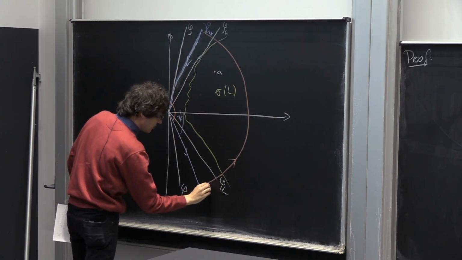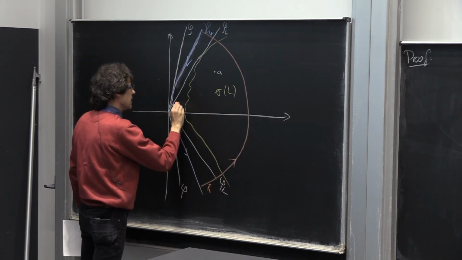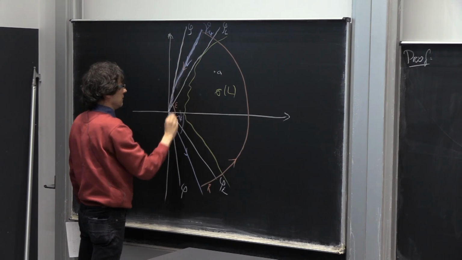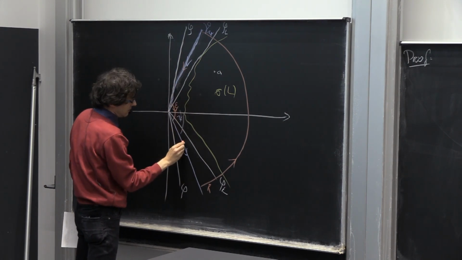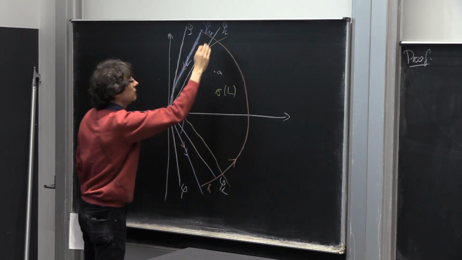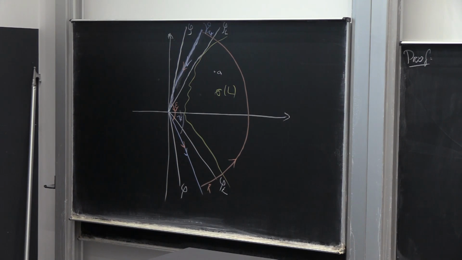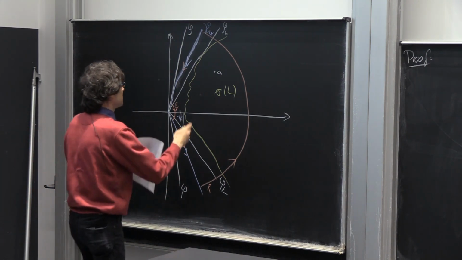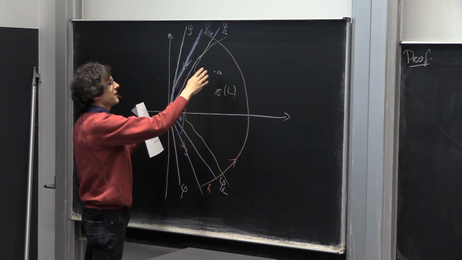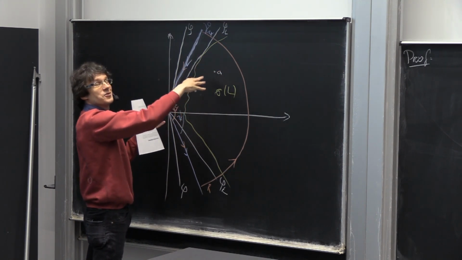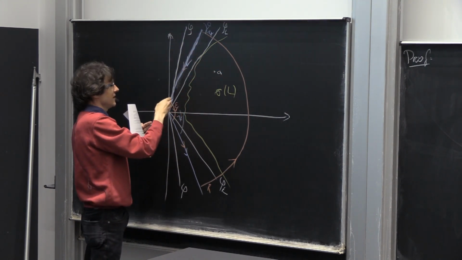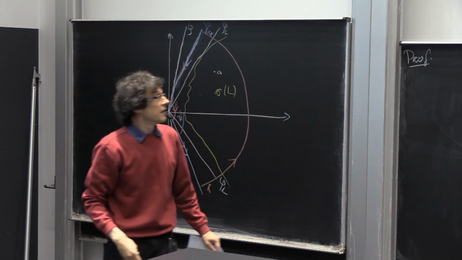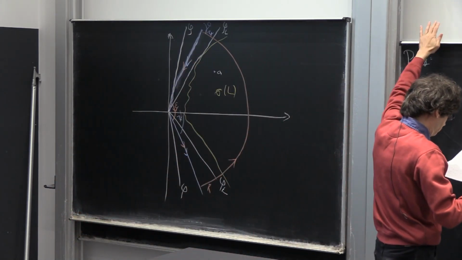So this is r, this is epsilon, and then the path goes like that. Here, here, and here. So this is the path that I will take, and I will do it in such a way that r is, relative to a, far outside and epsilon is close to 0, and then we will let epsilon go to 0 and r to infinity, and let's see if this works out.